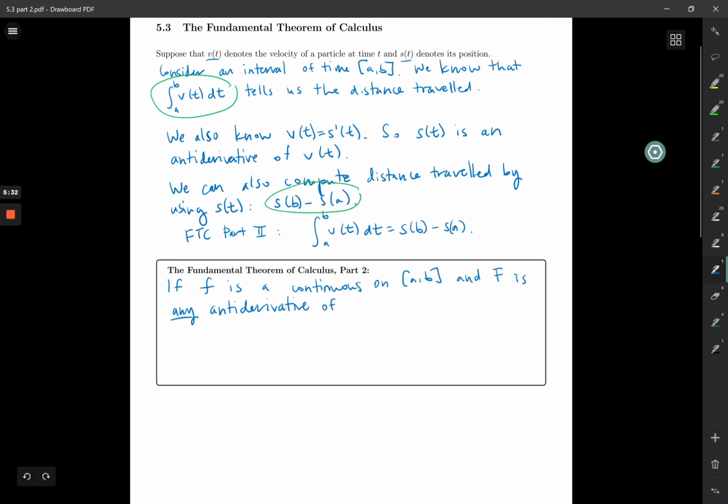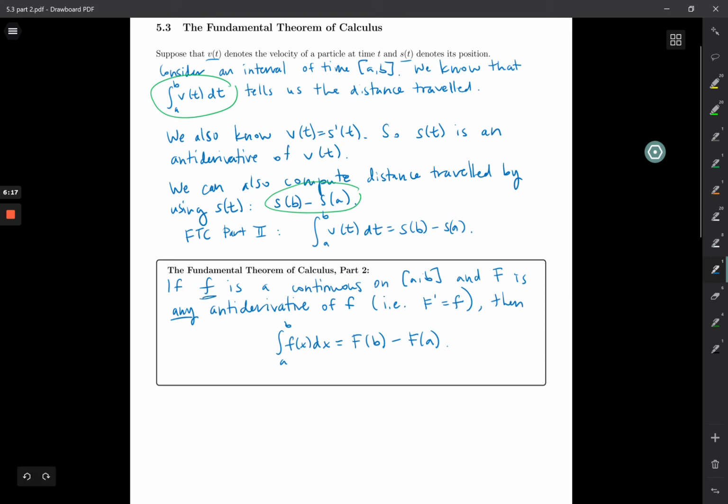So capital F is an antiderivative of f. Just to be super clear what that means, the derivative of capital F is equal to f. Then what we can say is that the integral from a to b of f of x dx is equal to that antiderivative capital F evaluated at b minus the antiderivative evaluated at a, right? Okay, so this is the statement for a general continuous function f.